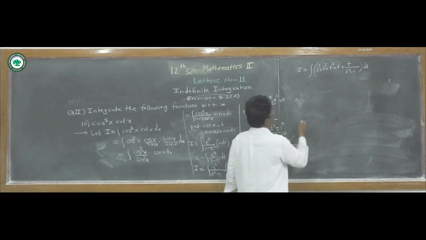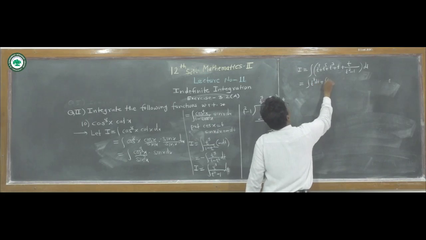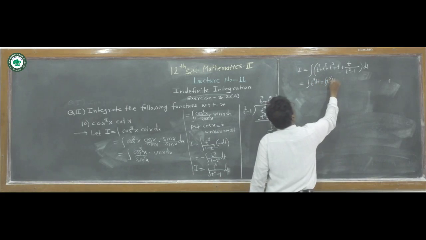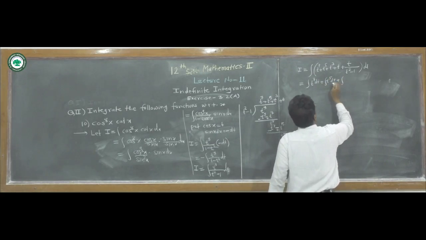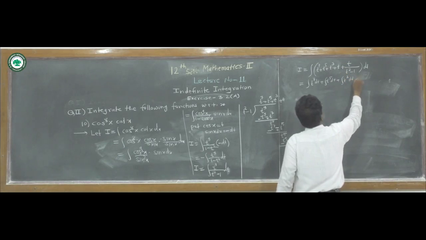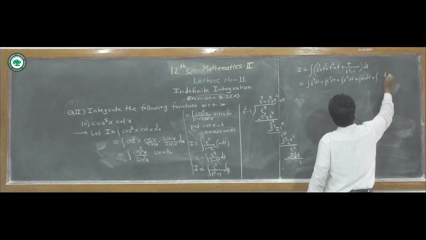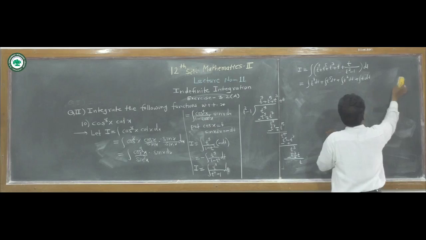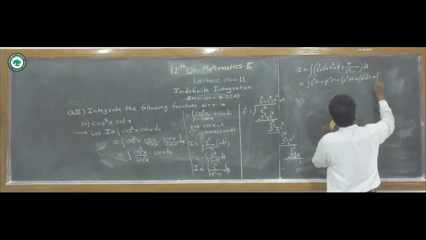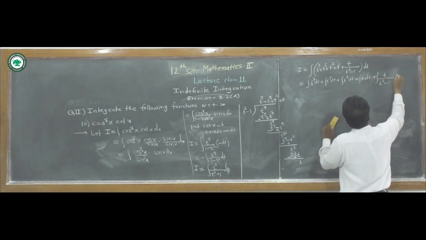And therefore it is equal to the integration of t to the power 7 dt plus the integration of t to the power 5 dt plus the integration of t to the power 3 dt plus the integration of t dt plus the integration of t upon t square minus 1 dt.